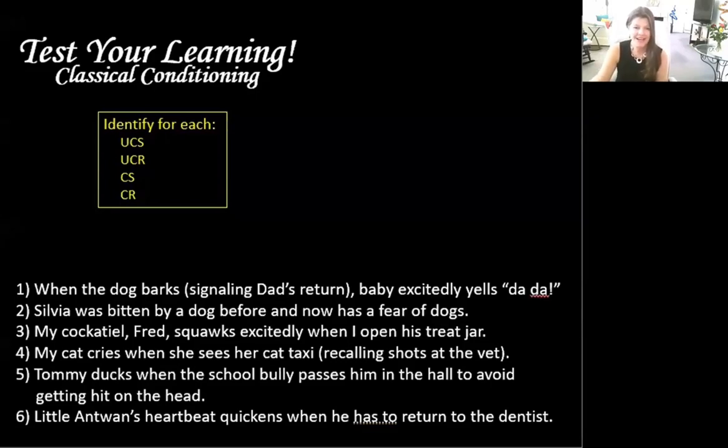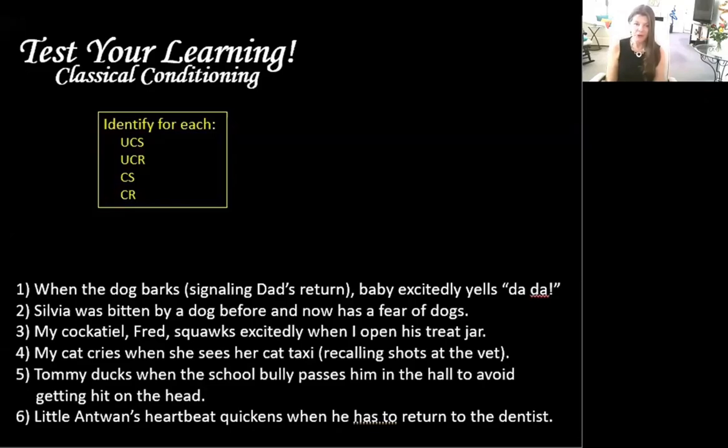Now, number 5 is getting hit, pain, or ow, or you'd be able to quickly infer what the reaction would be to getting hit. The sight of the bully is a conditioned stimulus, and then ducks is a conditioned response.